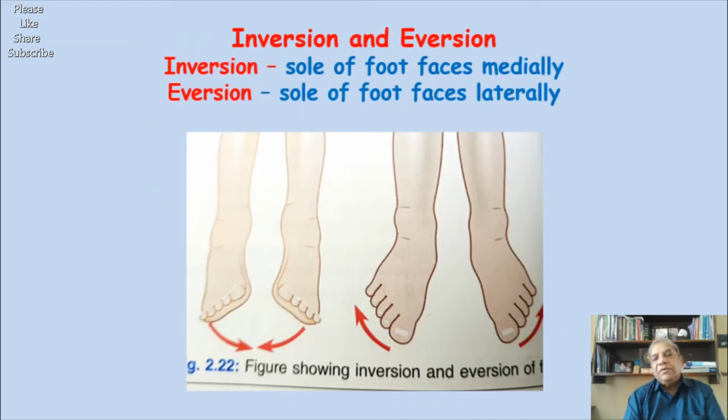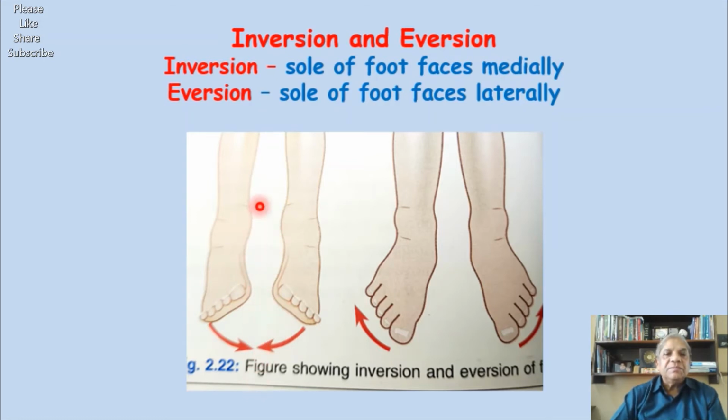Now, another term of movement, which takes place at the ankle joint. Other joints are also involved in it, which I will not name. Just simply remember at this stage, since you are a beginner, very fresh: inversion and eversion. Inversion means when the sole of the foot faces towards the median plane, or medially.